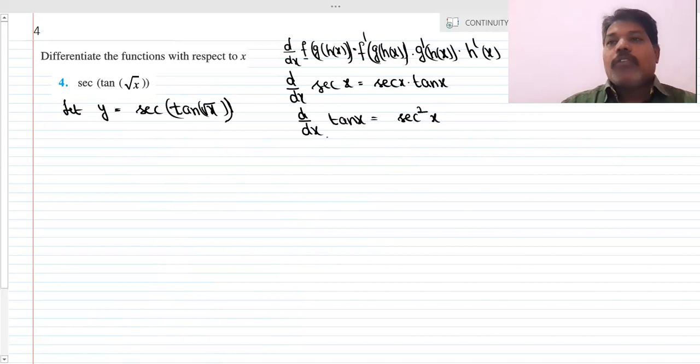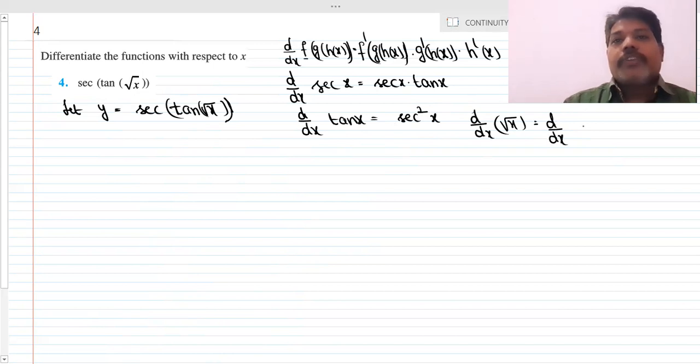And also one more formula we are going to use is the derivative of root x. Root x means x power 1 by 2. The derivative of x power n is n into x power n minus 1.